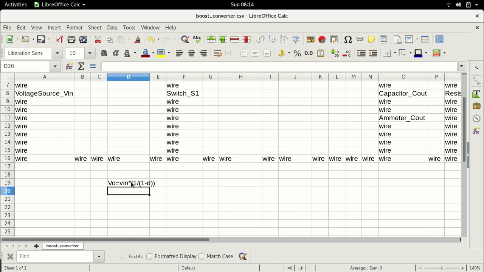This is the formula. So basically the step up ratio is 1 divided by 1 minus d. So if we have any duty ratio which is greater than 0, this will be a step up ratio because the denominator is lesser than the numerator. It's as simple as that.